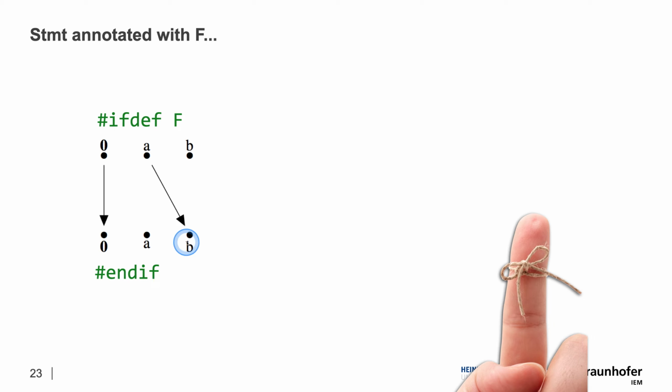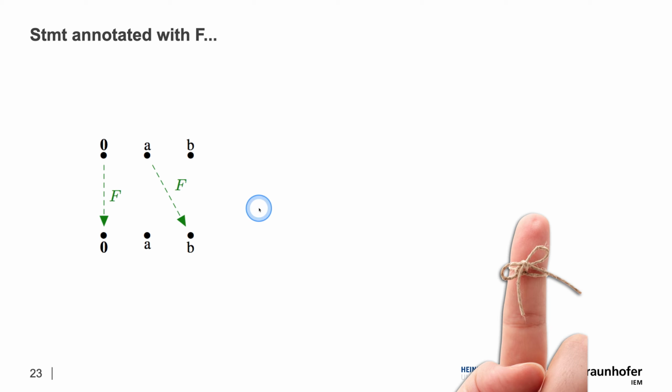Now, what does this mean? This means that this data flow here is only present in the program when the feature is enabled. If it's disabled, this data flow cannot happen because the statement isn't even there. So in order to express this in the static analysis representation itself, we are now doing the following, and that's really the lifting.